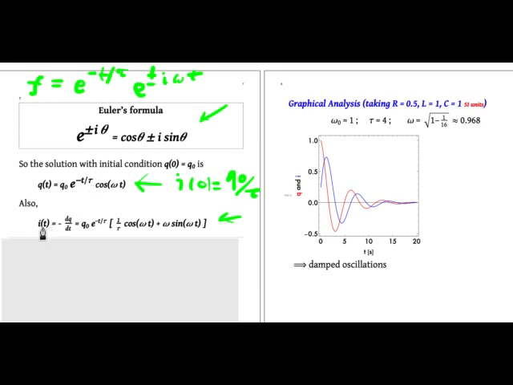And similarly for I, you have an oscillating factor from the trigonometric functions and an exponentially decreasing factor from the exponential. So what we have here are called exponential transients.